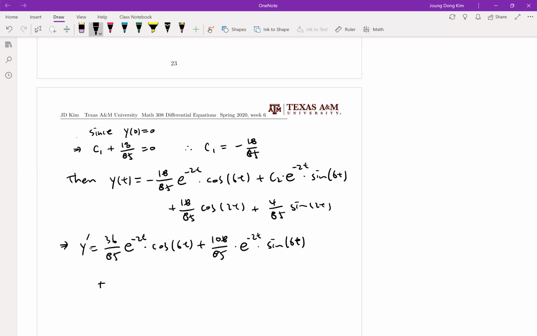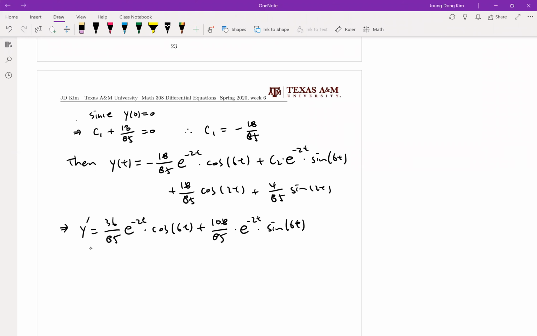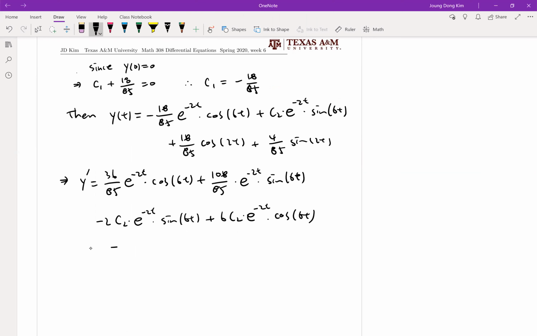Plus minus 2 c2 e to the minus 2t times sine 6t and plus 6 c2 e to the minus 2t cosine 6t. And the third term is easy, right? Minus 36 over 85 sine 2t and plus 8 over 85 cosine 2t.